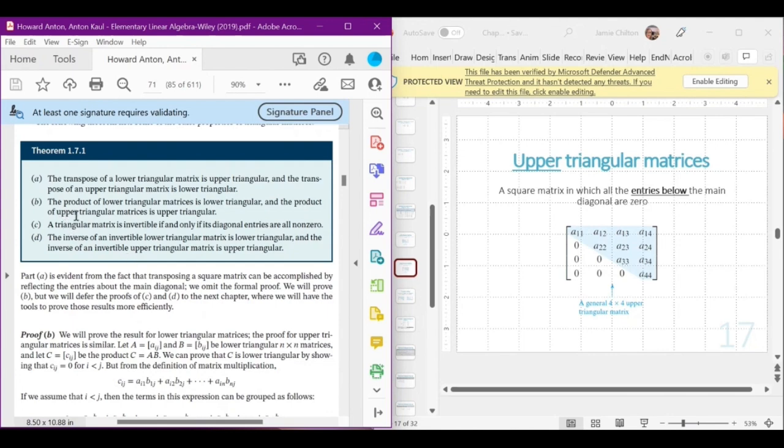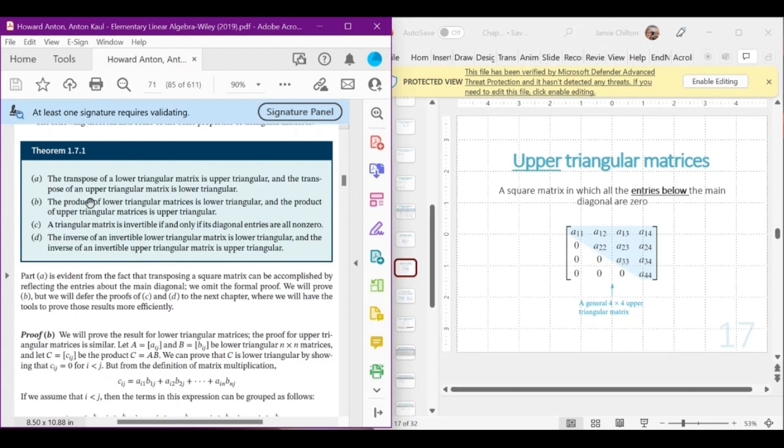It says the product of lower triangular matrices is lower triangular, and the product of upper triangular matrices is upper triangular. So if you have two upper triangular matrices multiplied by one another, the product is going to be upper triangular. If you have two lowers, the product's going to be lower. These are pretty straightforward. Upper triangular, will that still be upper triangular?